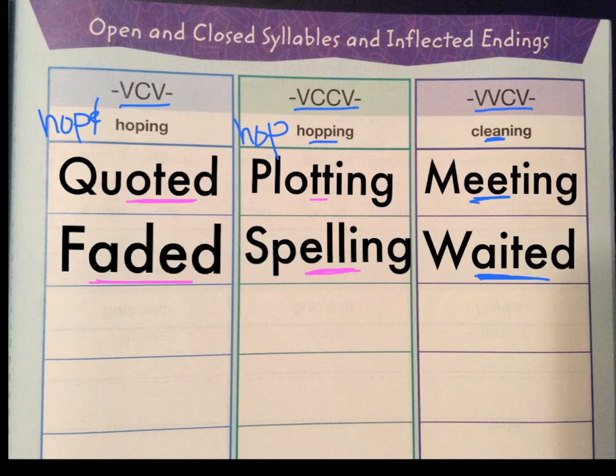Do they go in the second column like what we did with hopping when we had to add the double consonants, like in hopping, plotting, and spelling? Or do they go in the third column where we kept the base word, such as meet and clean, and just had to add the ending of ing or ed, like in weighted? We kept the word weight and added ed. So go ahead and sort the rest of your words. As you're sorting them, pause the video.